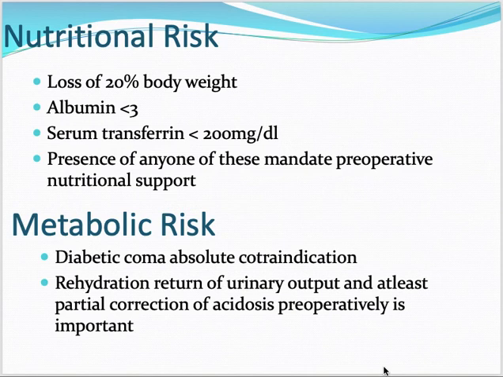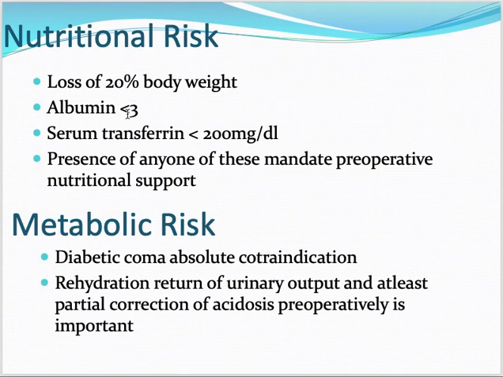Then there is nutritional risk. What do we do to check the nutrition of the patient? We check their weight, we check their skin thickness, we do bloods, like calcium, vitamin D, and albumin levels, things like this.